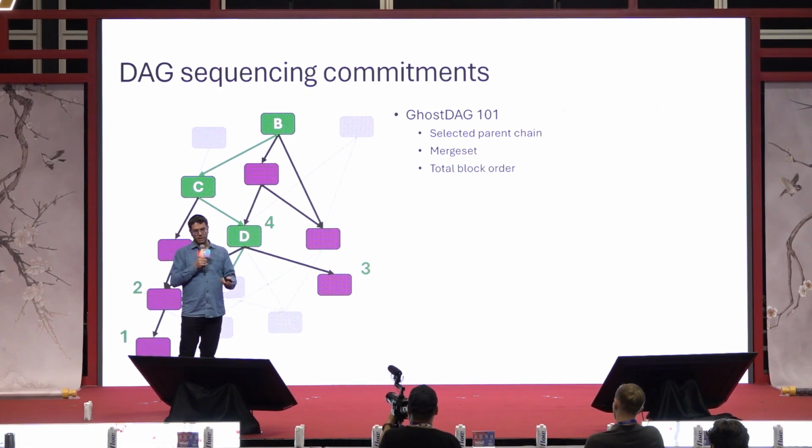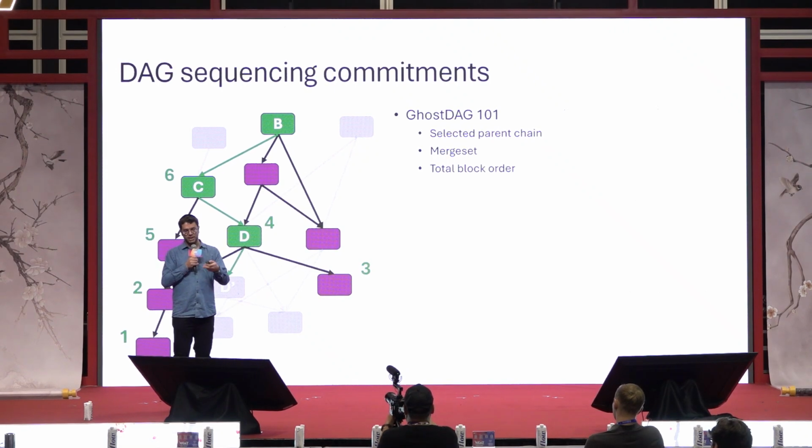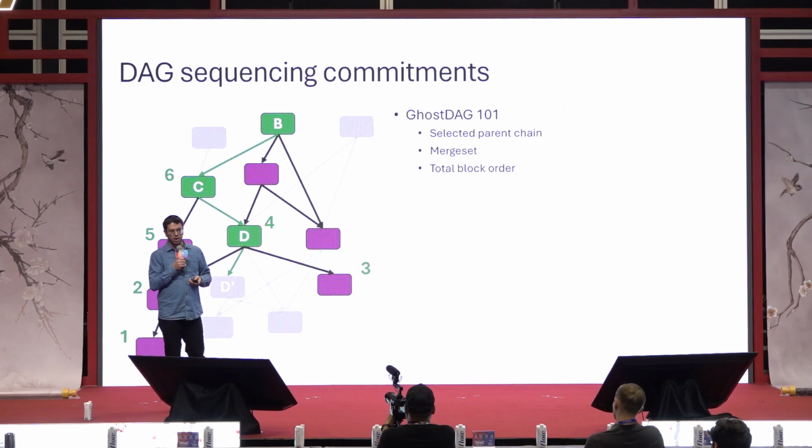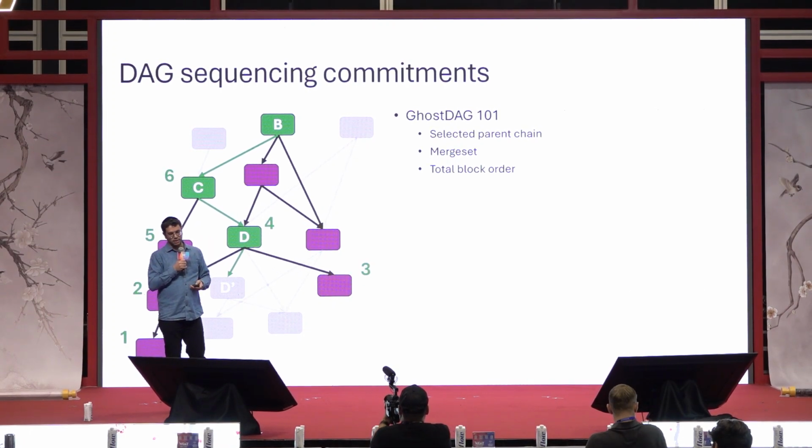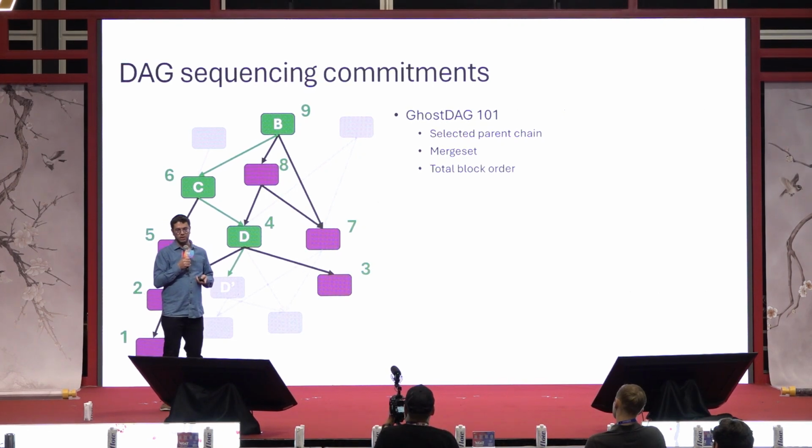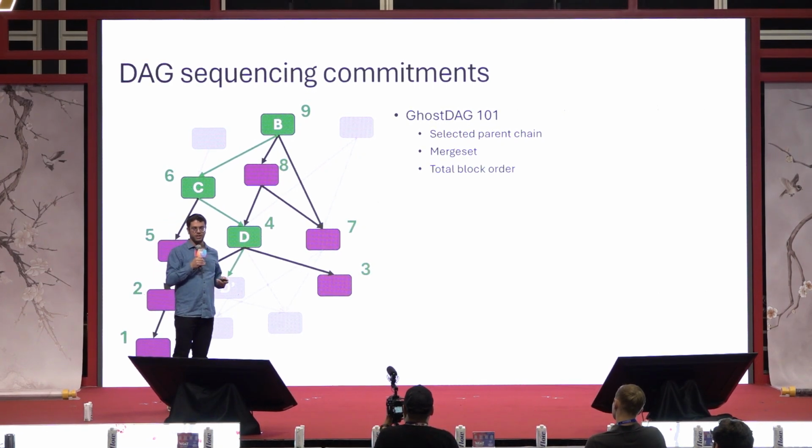So we look at D, we take these four blocks, 1, 2, 3, 4, and then C would be the next block on the chain going forward, and it merged also number 5. And B merged 7, 8, and itself. So by selecting this chain and looking at the merge sets and the order, you get a total block order.